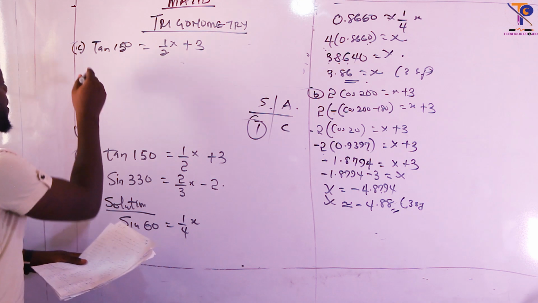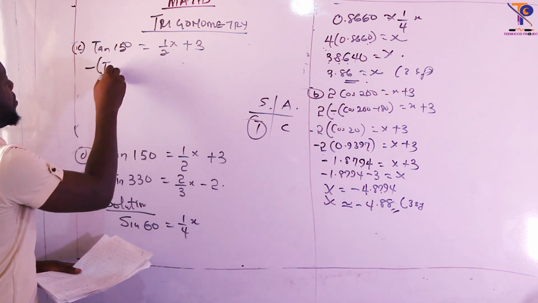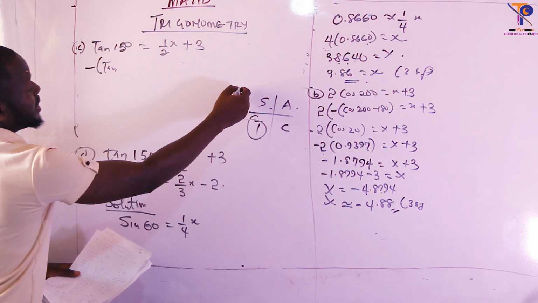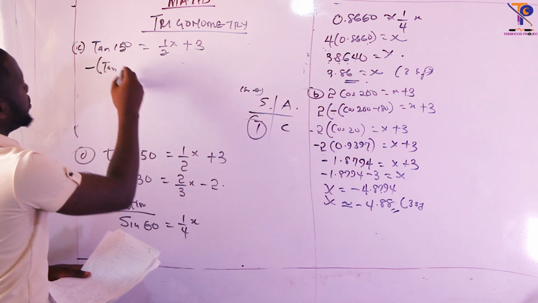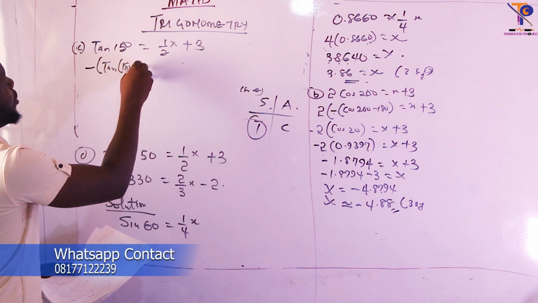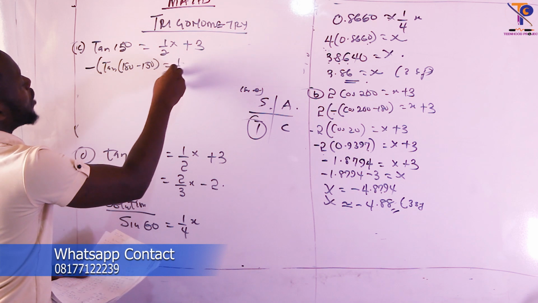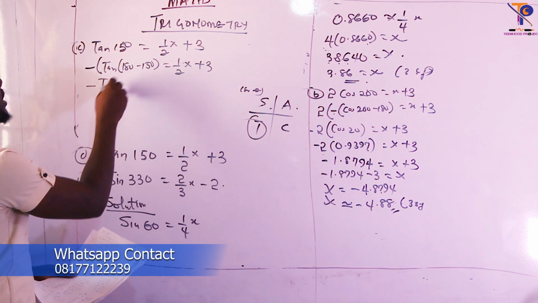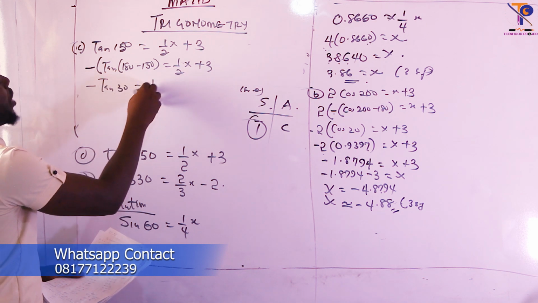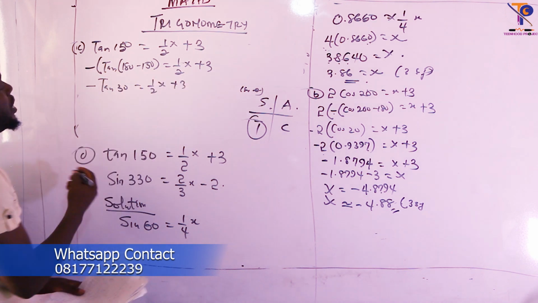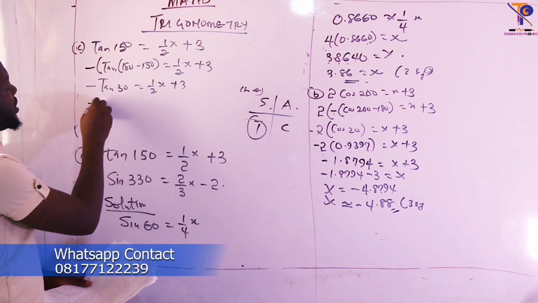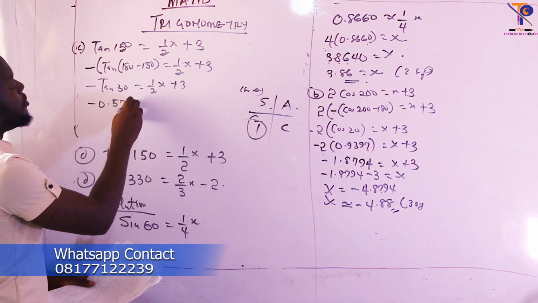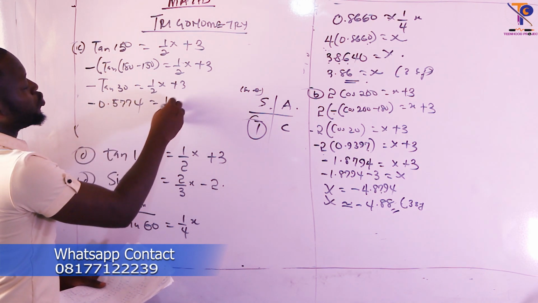So we have minus into tan, second quadrant, that is 180 minus theta. Don't forget, we have 180 minus 150 is equal to 1 over 2x plus 3. And we have minus tan 30 is equal to 1 over 2x plus 3 here. So I will have minus 0.5774 is equal to 1 over 2x plus 3.